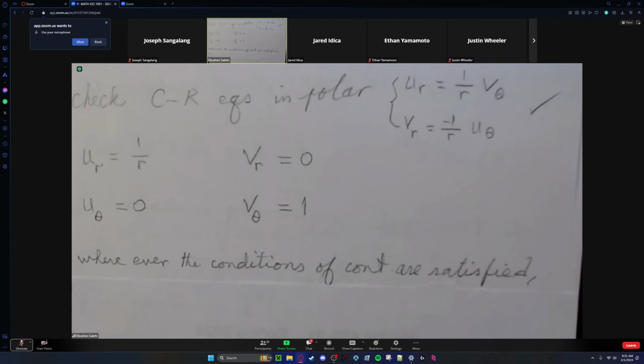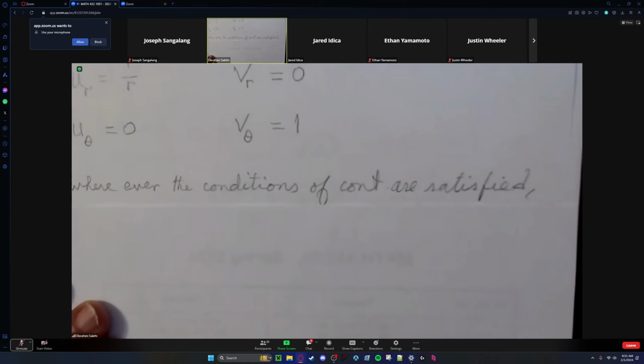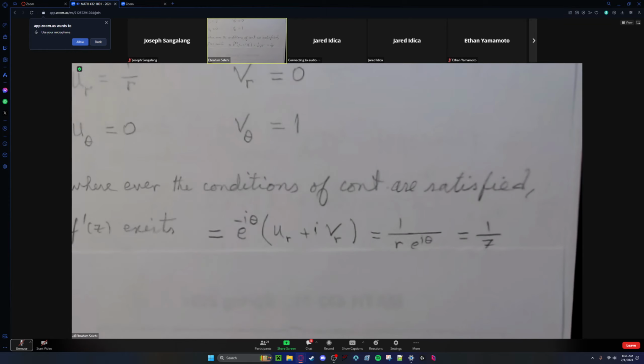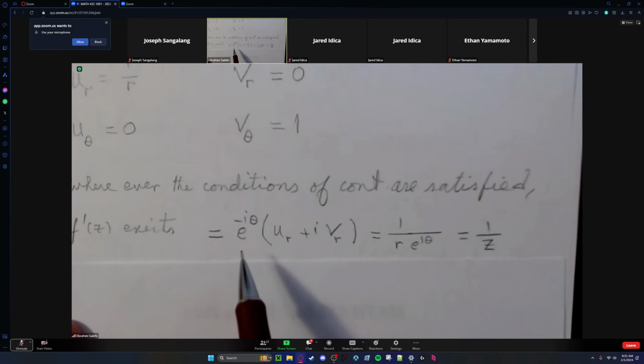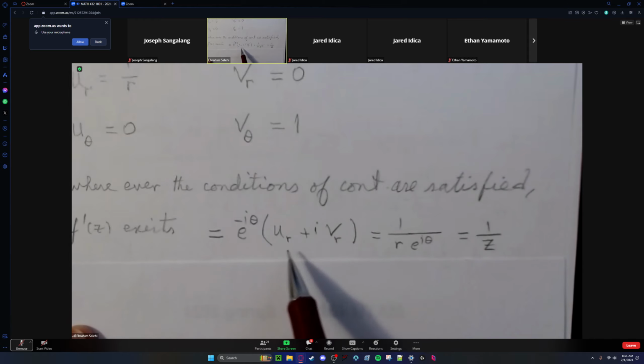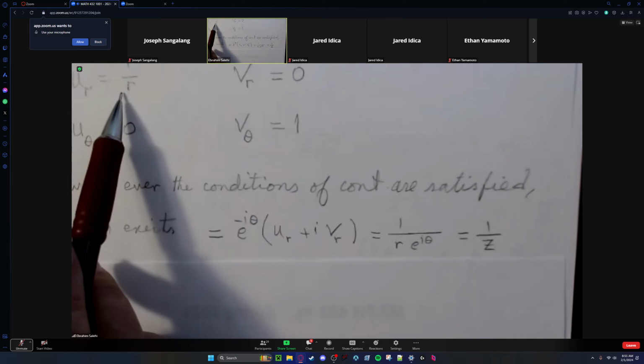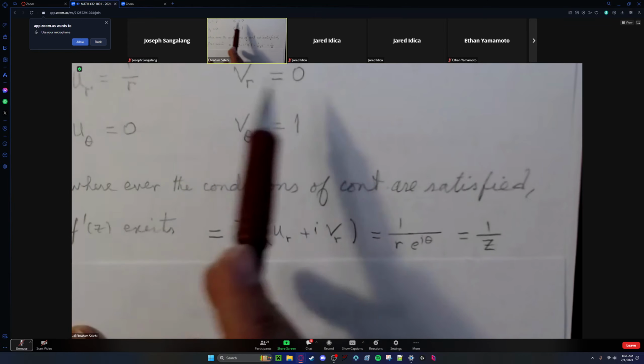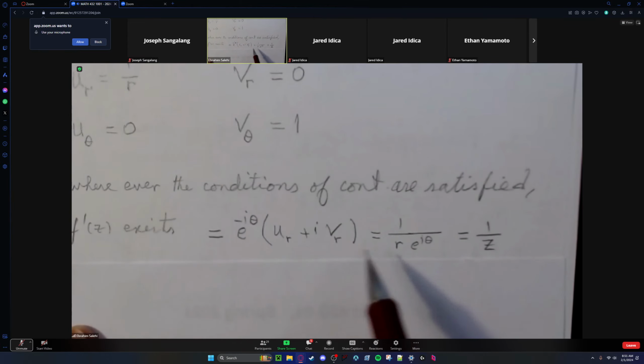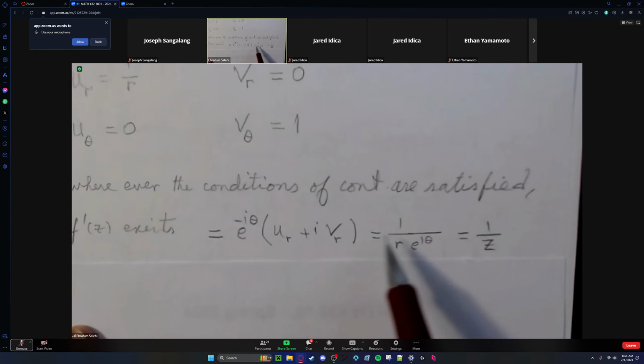Now, if we have such a thing, then the derivative, after, of course, looking at the conditions, exists and is equal to this one, e to the negative i theta. U sub r is right here, 1 over r. V sub r is 0, so it will be 1 over r times this, bring this down.